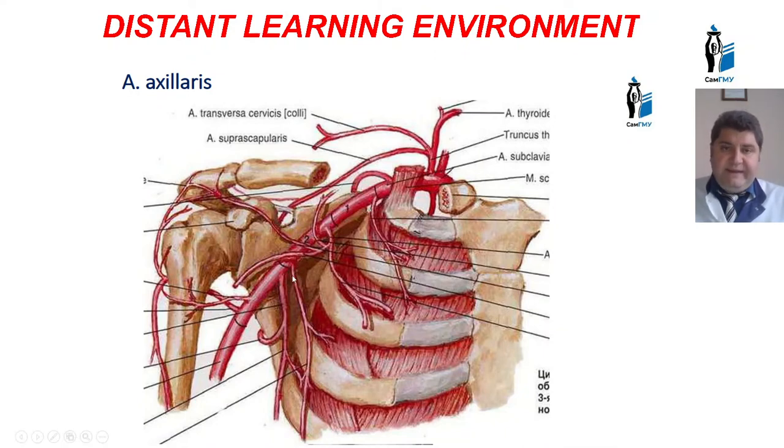Now we can see the artery which passes from second part of axillary artery, and you may see lateral thoracic artery, arteria thoracica lateralis, which passes on the lateral wall of thoracic cavity, and it gives branch for serratus anterior muscle, and also it forms connections between the arteries from third part of axillary artery.